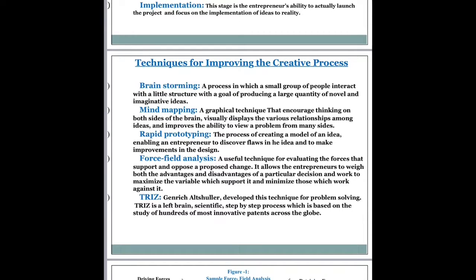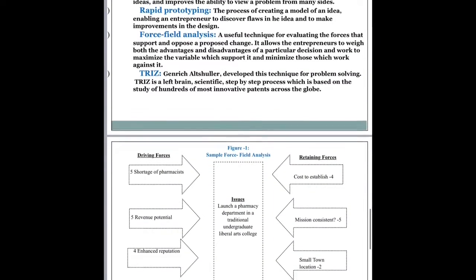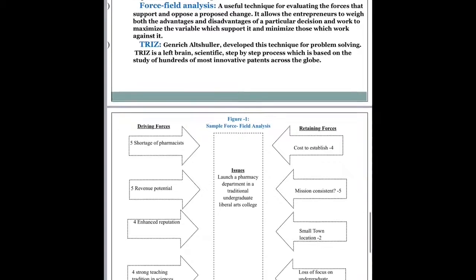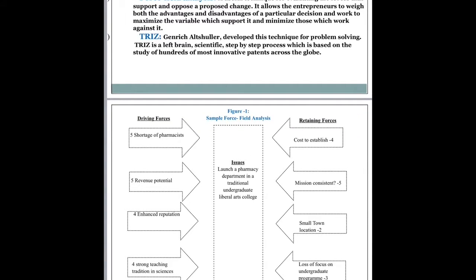Now, I will share with you a sample figure of force field analysis. What we see here, there are two streams. One is driving force and the other is retaining force. And the issue is to launch a pharmacy department in a traditional undergraduate liberal arts college.